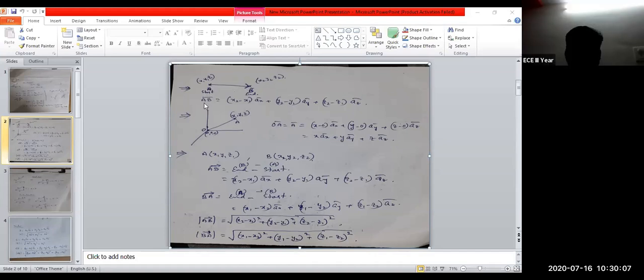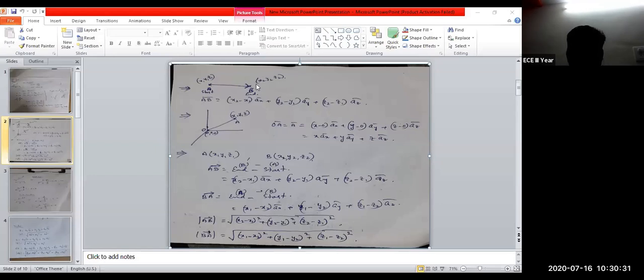So don't get confused between AB bar notation and BA bar notation. Don't think both are the same. Both represent different, opposite directions. So BA bar is nothing but x1 minus x2 into ax plus y1 minus y2 into ay plus z1 minus z2 into az.